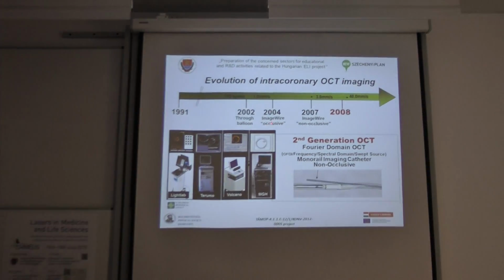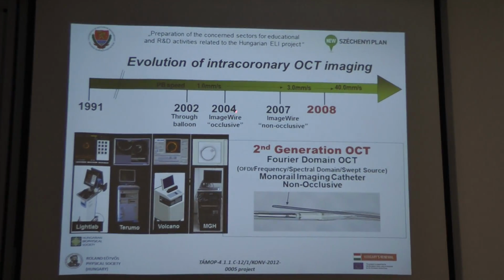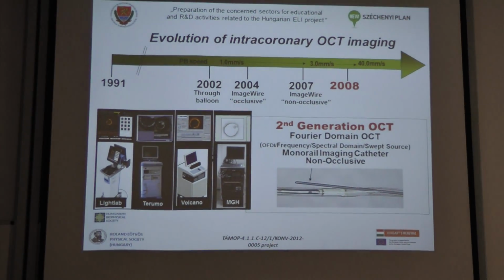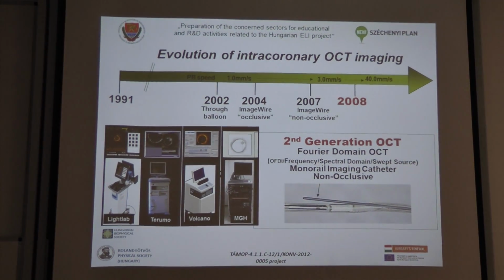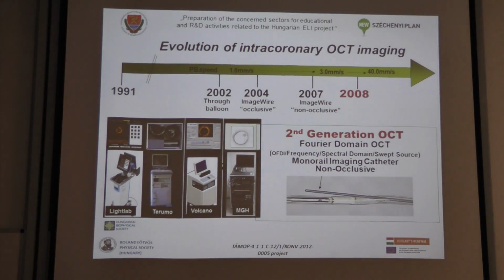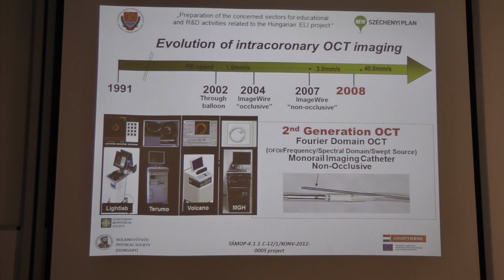But this image wire before 2004 was the only available technology, and it needed to have the coronary artery completely occluded to get rid of the erythrocytes. So it was really not applicable in everyday use, because if you occlude the coronary artery, you can create a myocardial infarction in an unwanted manner.